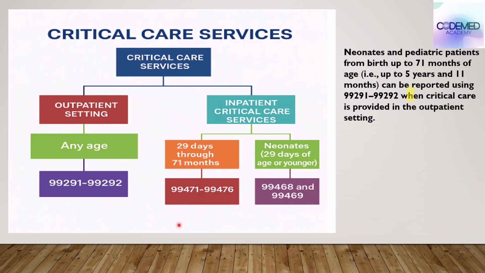We have roughly 4 codes here, and 2 codes here. This is a broad classification of the critical care services, and kindly go through this diagram so that you will have a better understanding of all the codes.